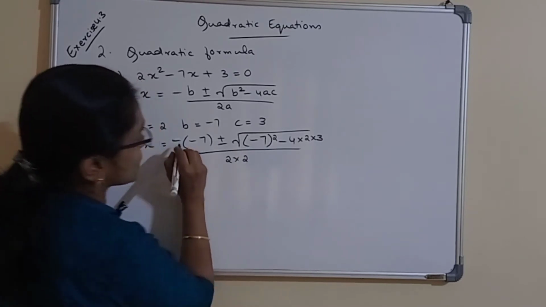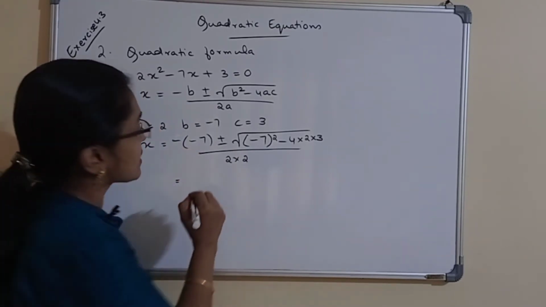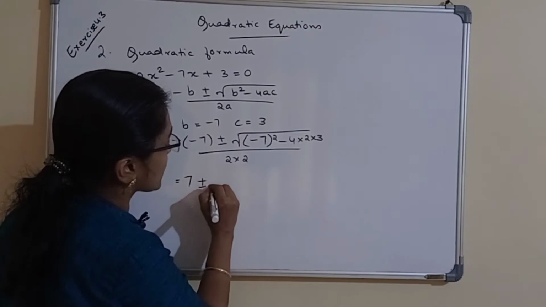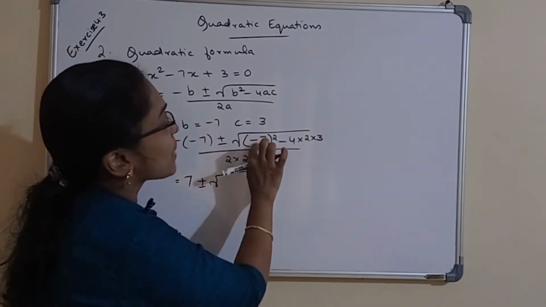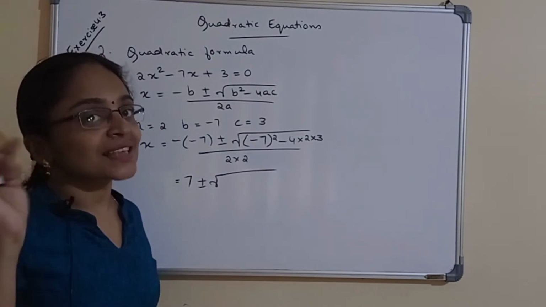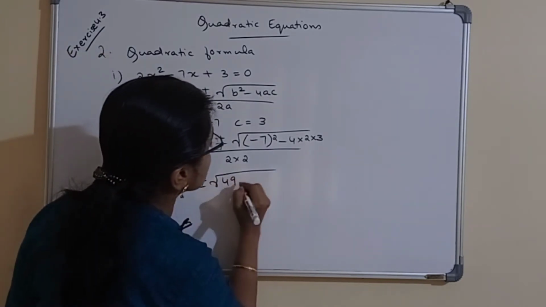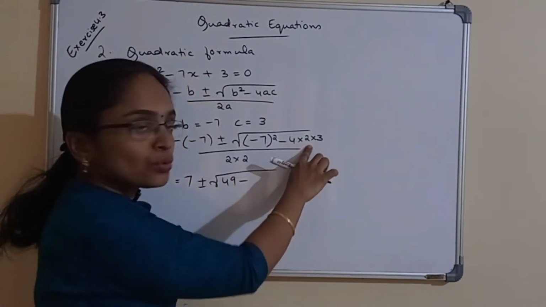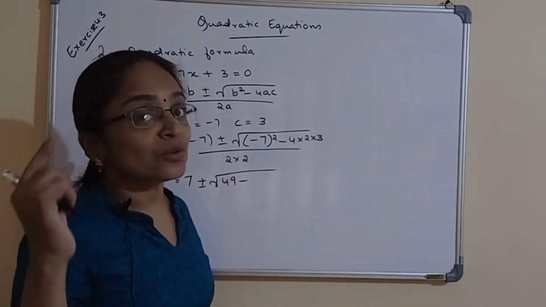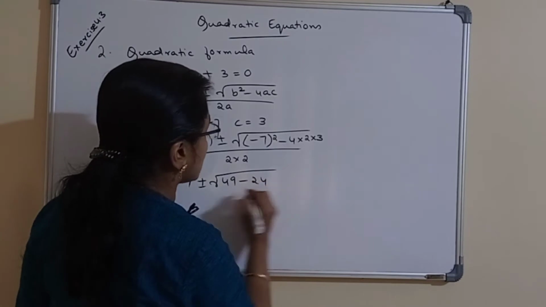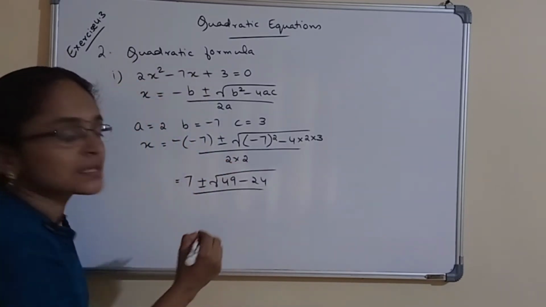So, this is equal to minus of minus 7, which is 7, plus or minus root of minus 7 the whole square. Minus square is plus, and 7 square is 49, minus 4 into 2 is 8, 8 into 3 is 24, by 2 into 2 is 4.